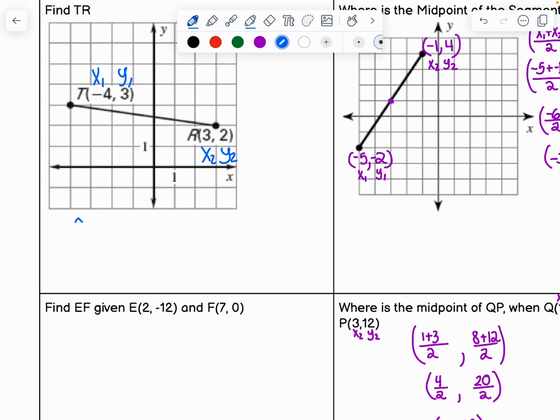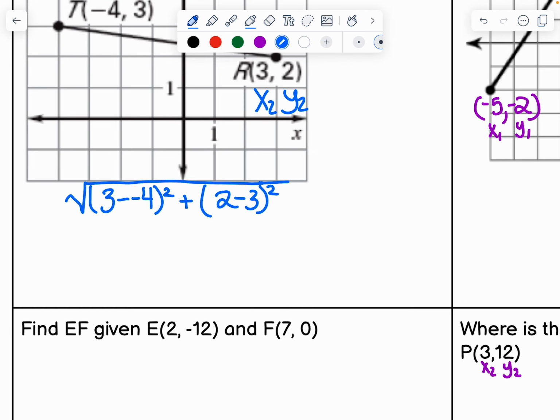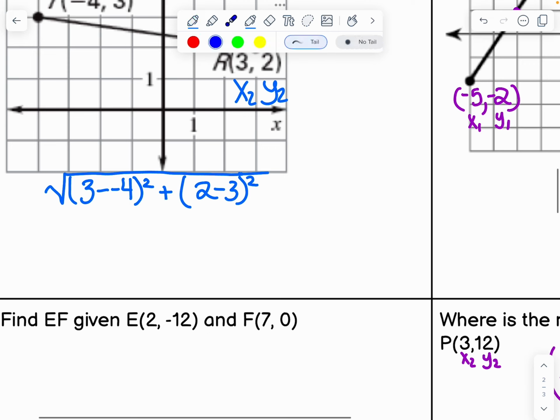And so our formula says x2, which is 3, minus x1, which is -4, plus y2, which is 2, minus y1, which is 3, squared. And let's calculate our numbers.